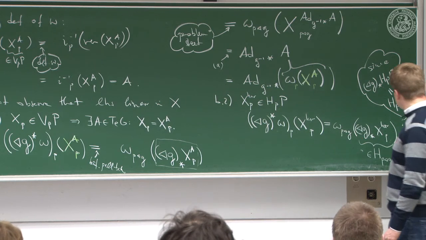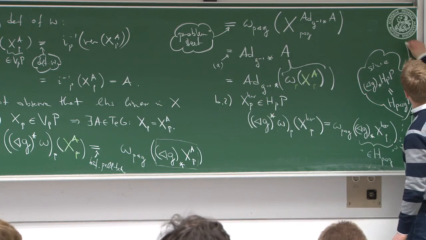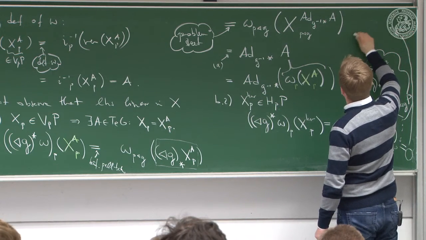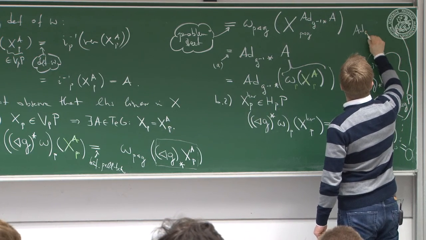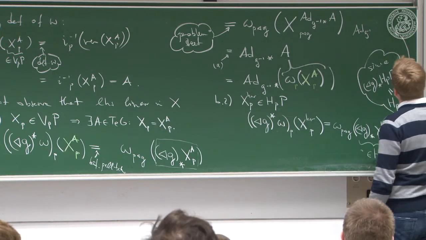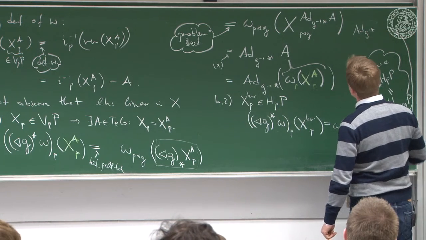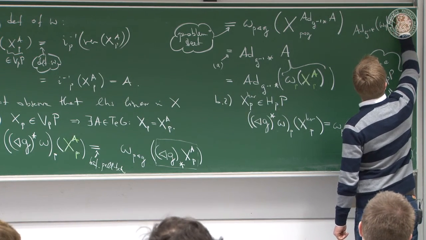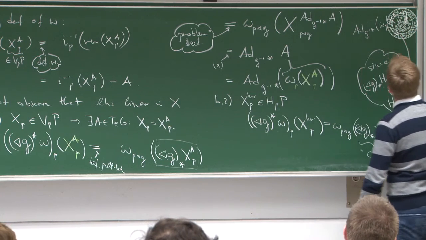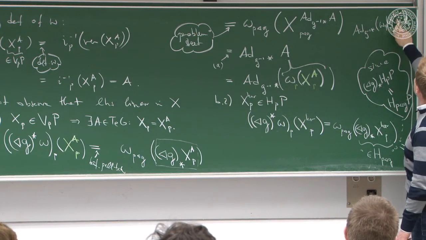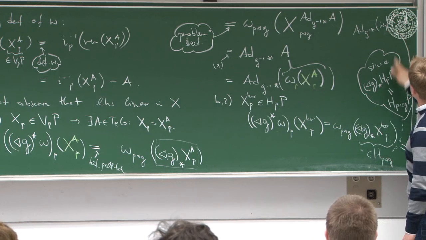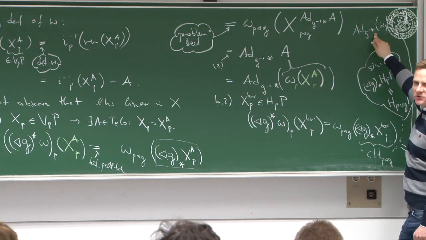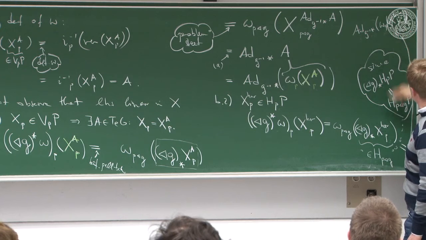But this 0 here can of course be written, albeit somewhat pompously, as the push forward of add G inverse of omega at the point P of x hor at the point P. Why? Well, because this omega P x hor P for the very same reason yields 0, and then the add G inverse push forward, being a linear map, acting on 0 yields 0.